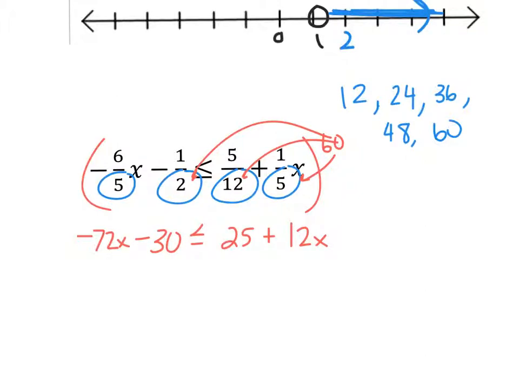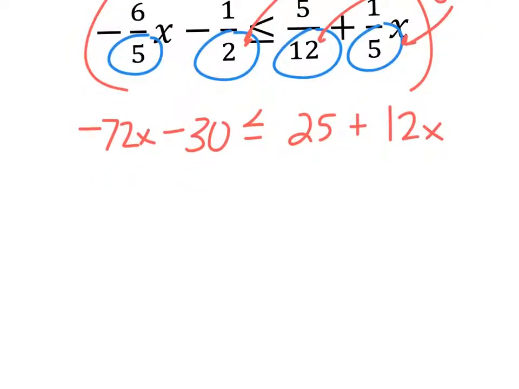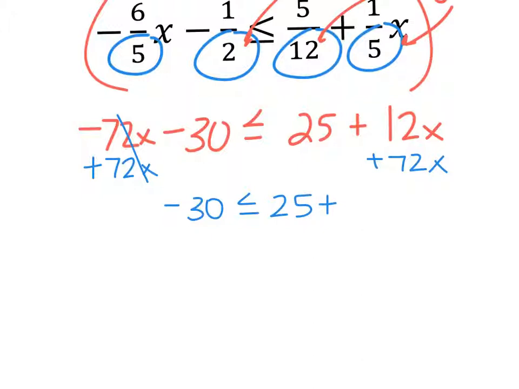So now that I have this inequality, I'm going to get x's on one side. So add 72x to both sides. This cancels out, so I have negative 30 is less than or equal to 25 plus 84x.